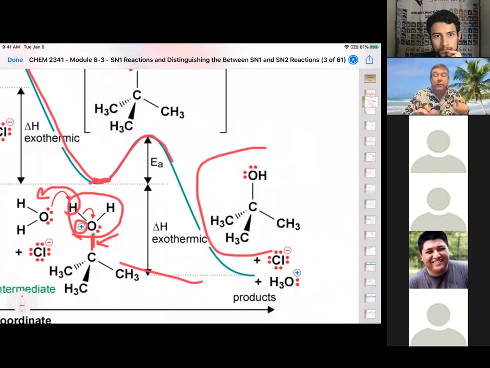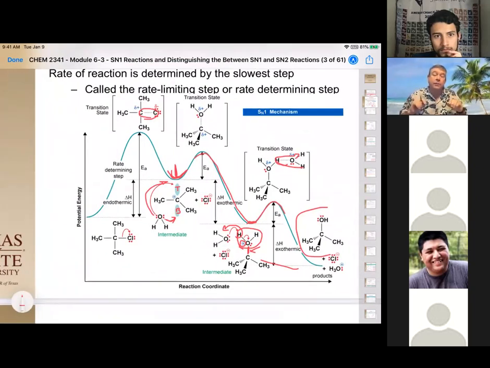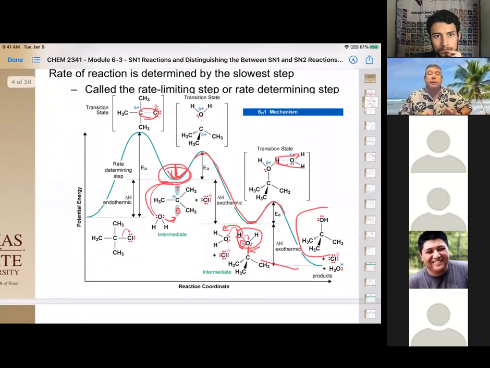So now, this is if you're coming in with a neutral nucleophile to attack your carbocation. If you came in with a charged nucleophile, you end up with only a single transition state and 2 activation energies in your system. But this is the most complicated part of a coordinate diagram for an SN1 reaction.